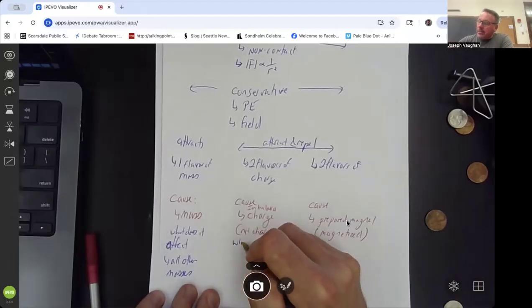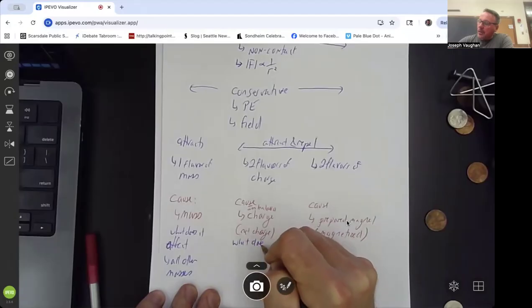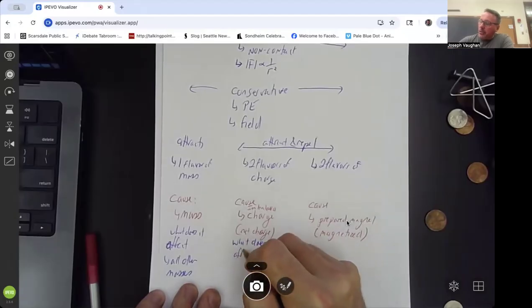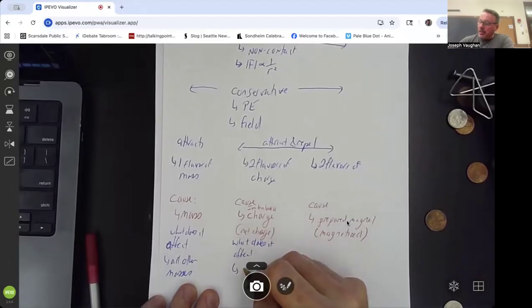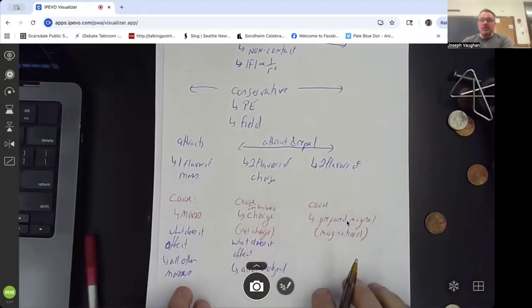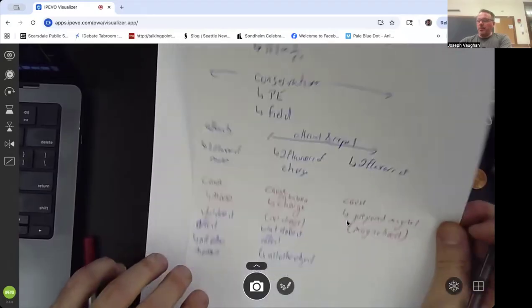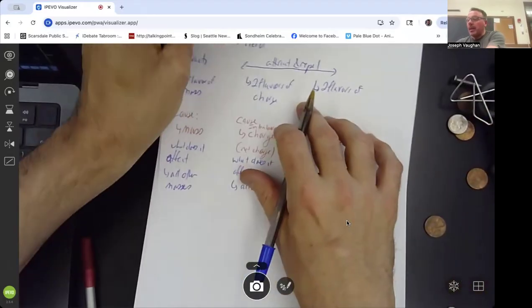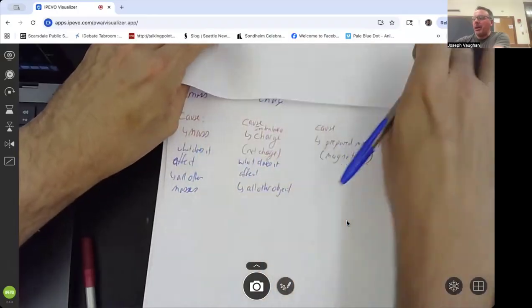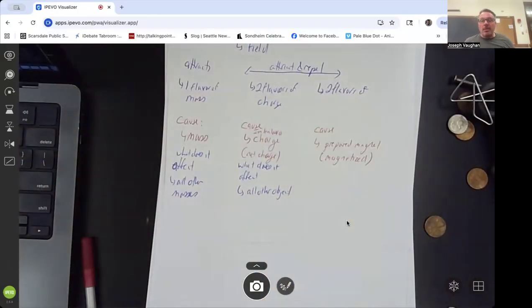So what does that prepared object affect? And we saw all other objects, right? Let me just move that up. All other objects. We saw that if I had a prepared positive charge, that thing would attract negative charges and repel positive charges.